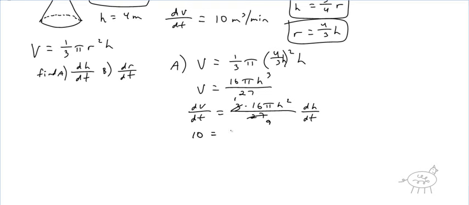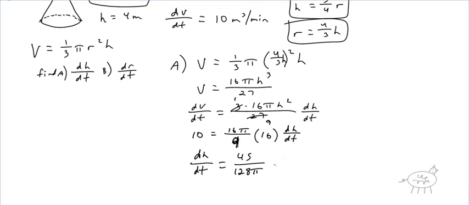So we get 16 pi over 9, and h squared, h is 4, that's what's given, so it's times 16 dh dt. Oops, this is a 9 here. And then just got to divide it out. It's all algebra here, and you wind up getting dh dt is equal to 45 over 128 pi. We're giving an exact answer, and this is meters per minute.